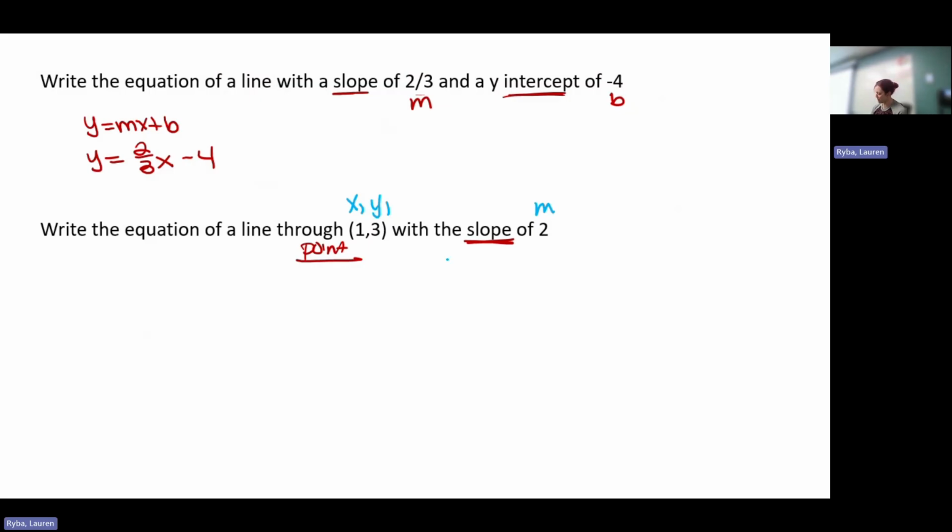Then we have point-slope form: y minus y1 equals m, open parentheses, x minus x1. We have values for x1, y1, and m. So y minus y1, which is 3, equals m, which is 2, open parentheses, x minus x1, which is 1.